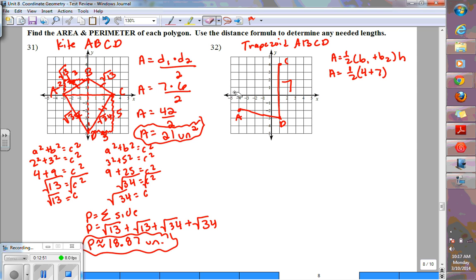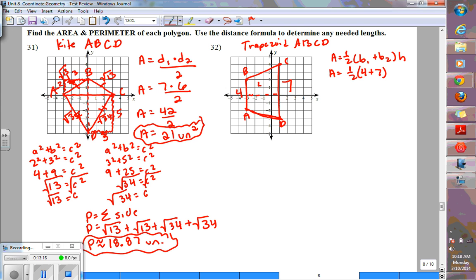It actually counted one more than it's supposed to do. Let's go back and fix that. My bases are still 4 and 7.